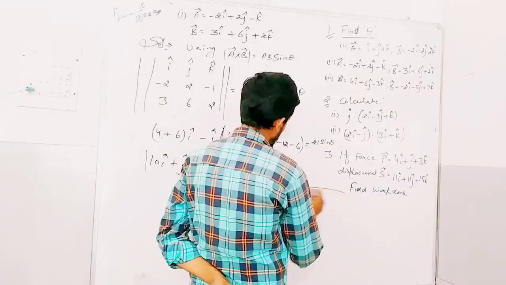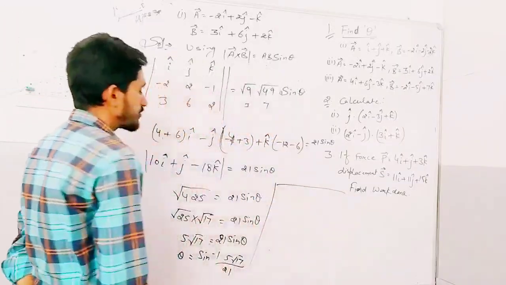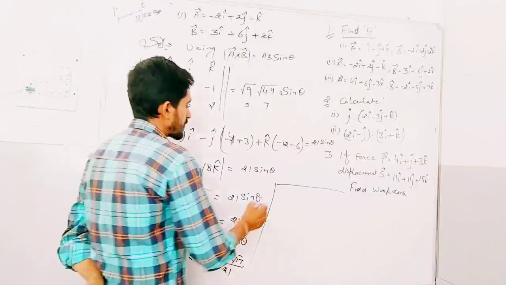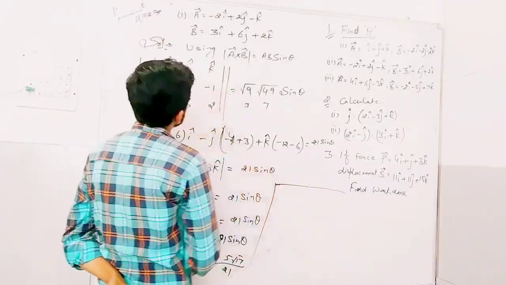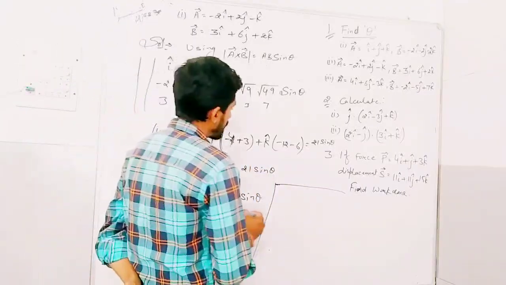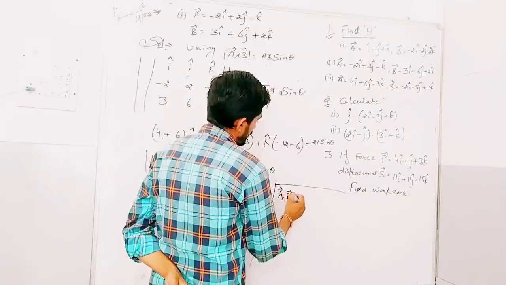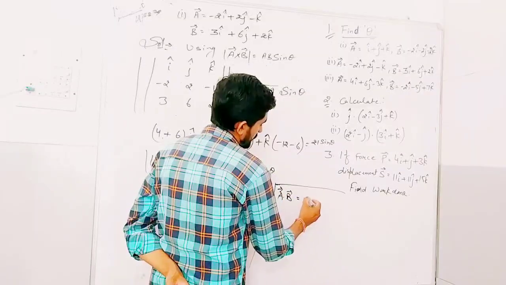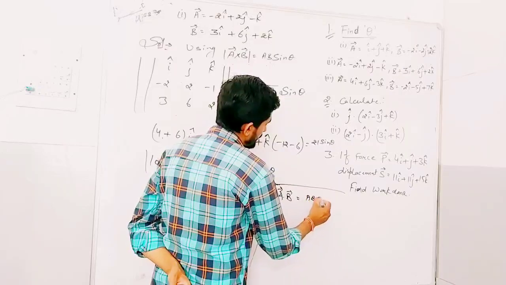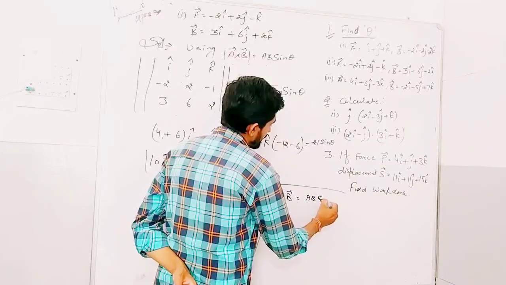Let's confirm it with the dot product. Dot product gives me a dot b, which is AB cos theta.